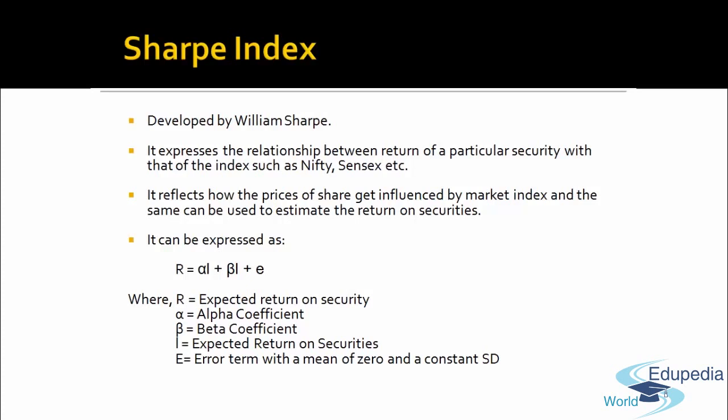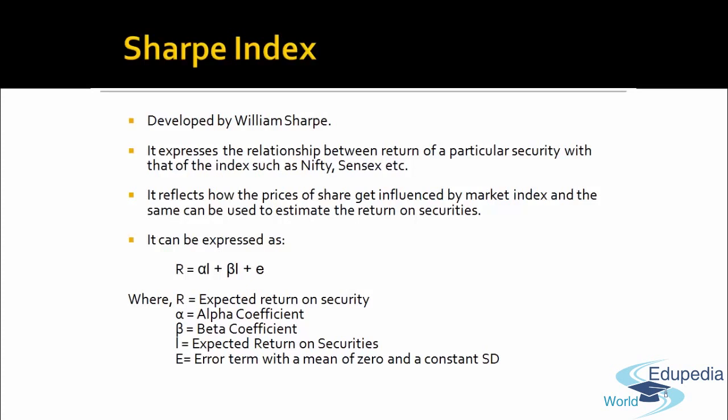Now, what is alpha? Alpha coefficient refers to the value of y in an equation. So when x is 0, what is the y? And beta coefficient is the slope of the regression line and measures the changes in the value of a security relative to the changes in the value of an index. Let's say beta is plus 1. So for a 10% change in index value, it would result in a 10% change in the same direction in the security value.